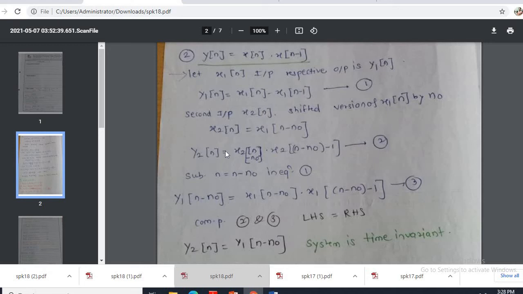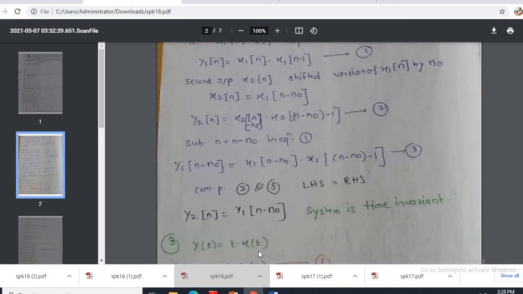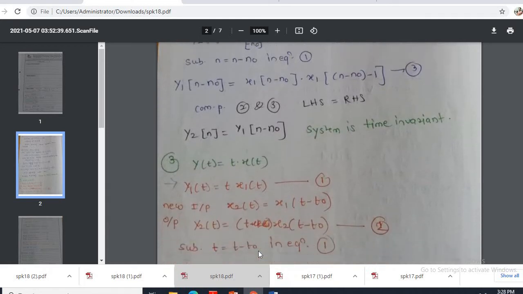If we compare equation number 2, where y2[n] is equal to the right hand side, which is the same as in equation number 3, y1[n minus n0]. Since the right hand sides are equal, the left hand sides, that is y2[n], must be equal to y1[n minus n0], and that indicates that the system is time invariant.